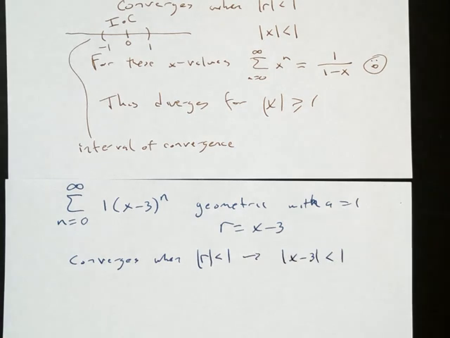Now do me a picture. Draw me the version of the interval of convergence for this series. What's your picture of the number line look like down here?